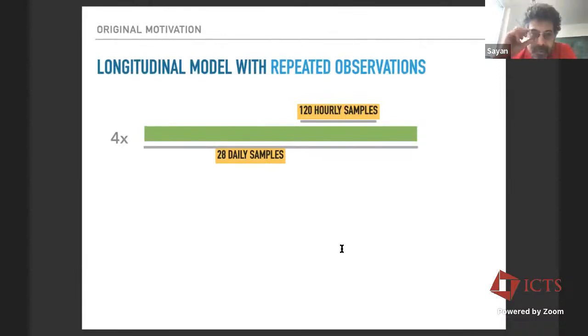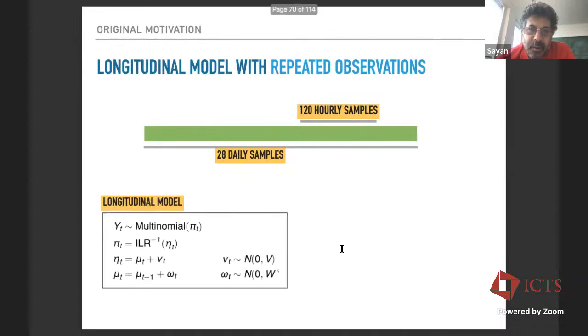And so, okay, let's talk this through. So we have a longitudinal model with repeated observations. Here's the model. These are our daily samples.